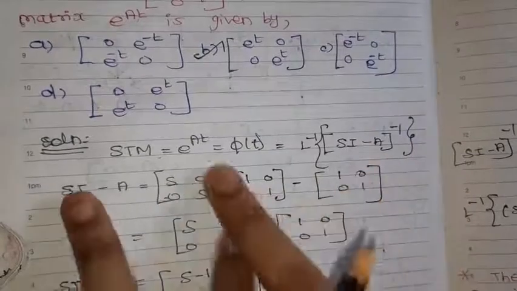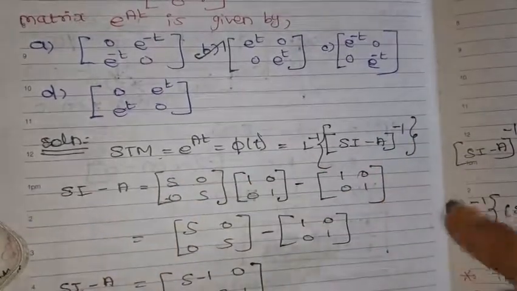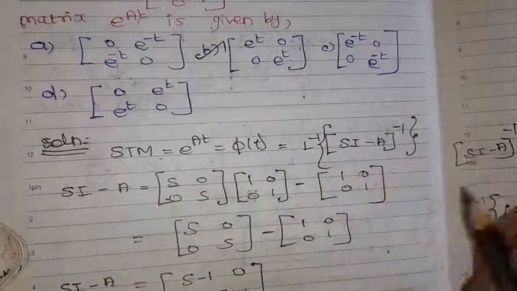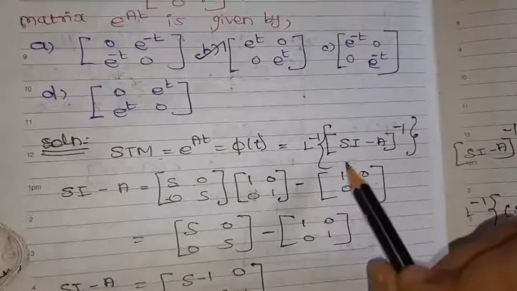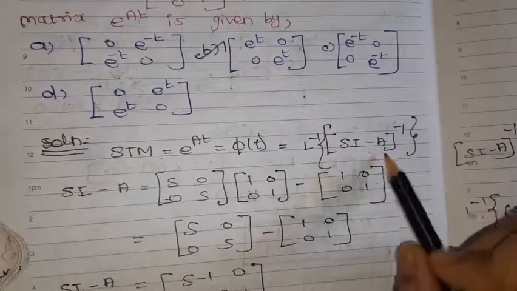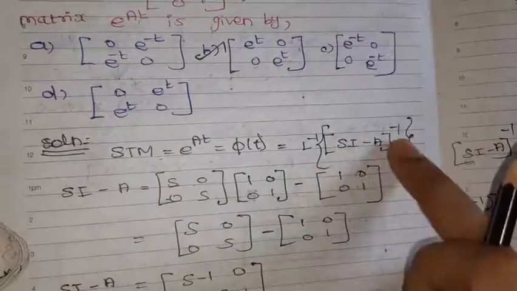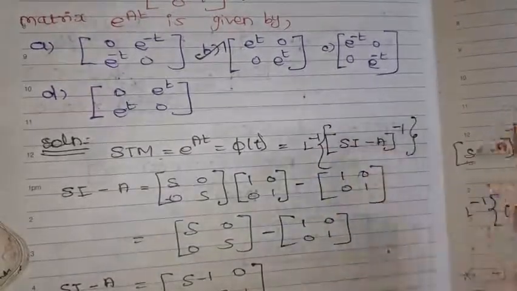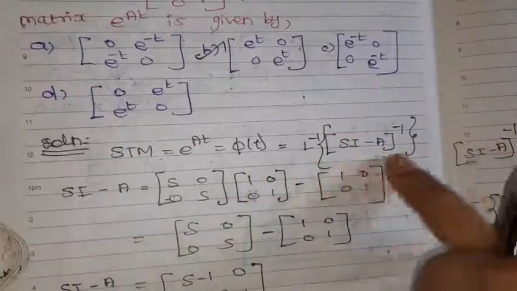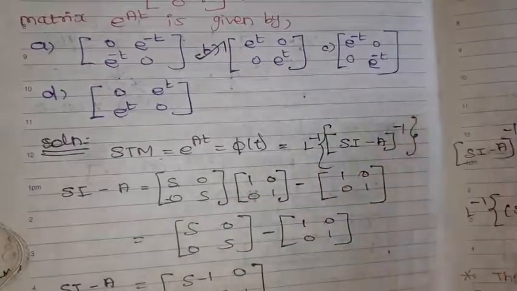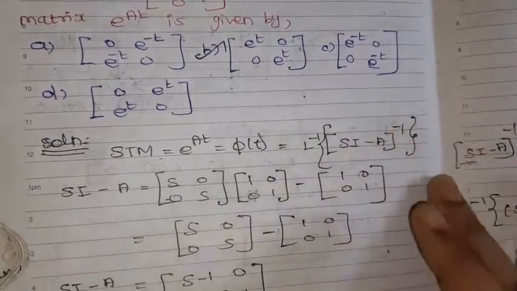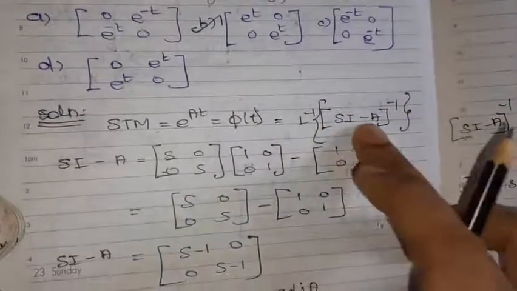So this is a very important topic, state transition matrix. That is one question for sure for any exam. Okay. So find out sI minus A, then find out the inverse of this. After taking all this, we need to take the inverse Laplace transform of that. Okay. So first we'll find out sI minus A.